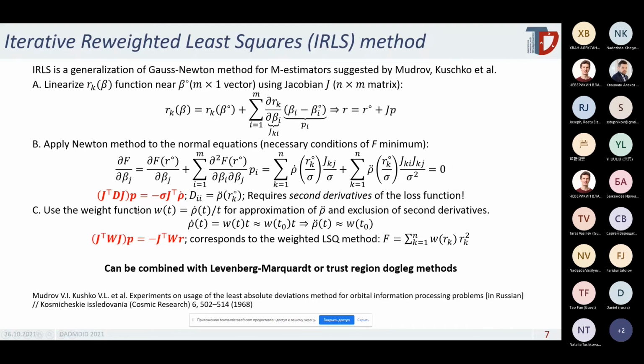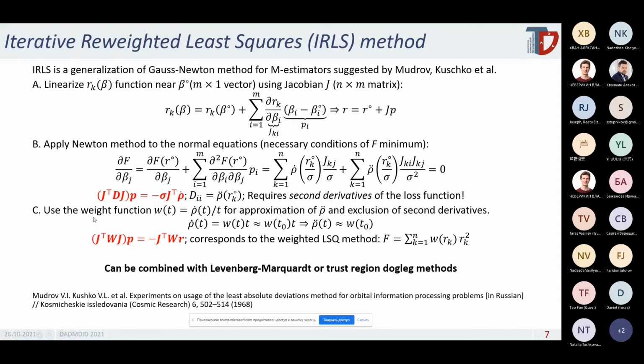Of course, it can be rewritten in matrix form, but this matrix form has a very serious drawback. It will require second derivatives for our loss functions, and they are not always accessible.